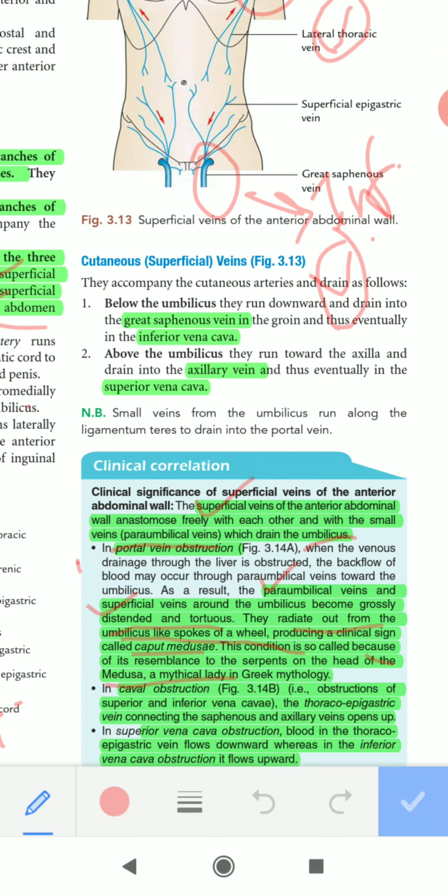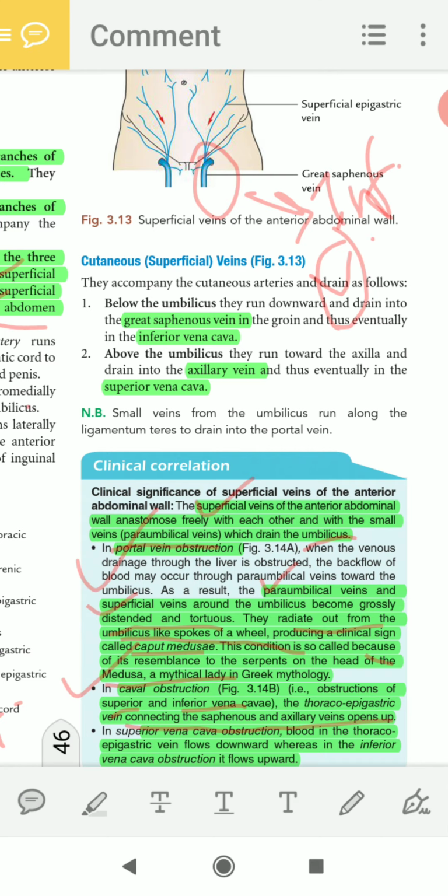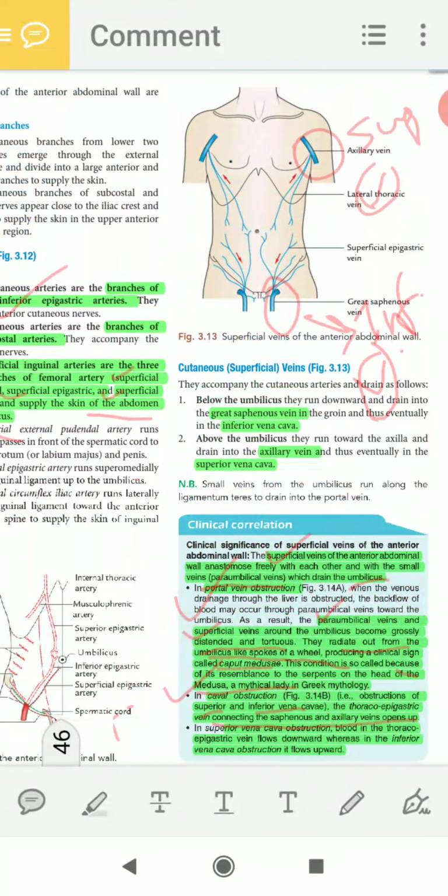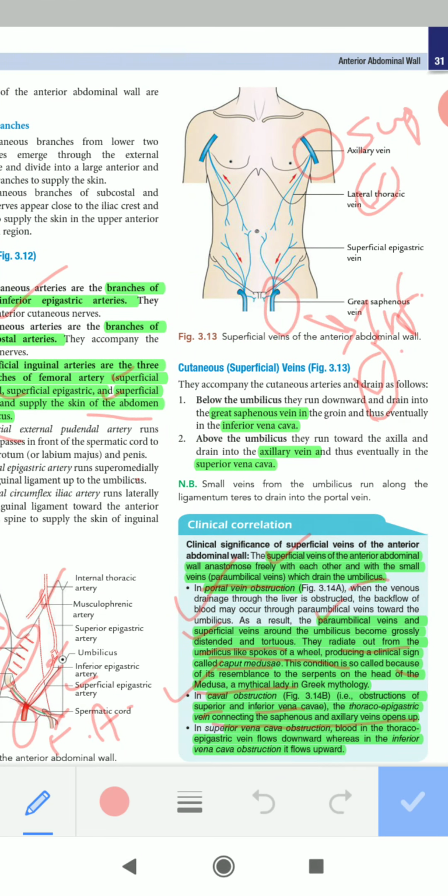If there is any vena cava obstruction, that means obstruction of the superior vena cava or inferior vena cava, the thoracoepigastric vein connecting the saphenous and axillary veins opens up. In superior vena cava obstruction, the blood in the thoracoepigastric vein flows downward, and in inferior vena cava obstruction, it flows upward.